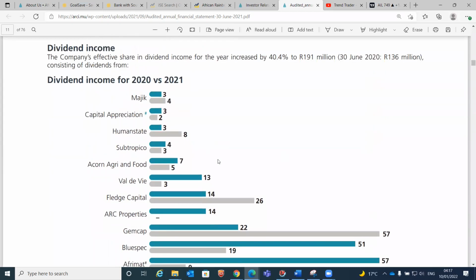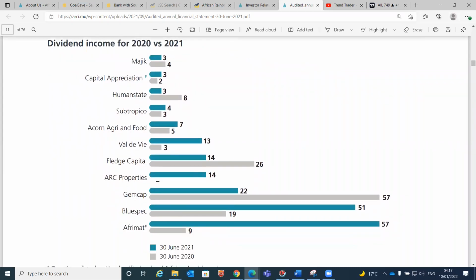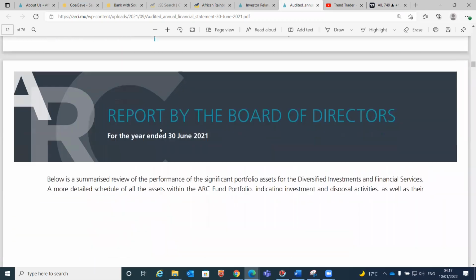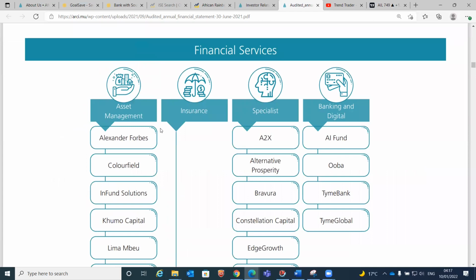Right, and then most of that dividend income came from GemCap, Bluespec, and F.I.R.E, but the other investments also paid a bit of dividends.